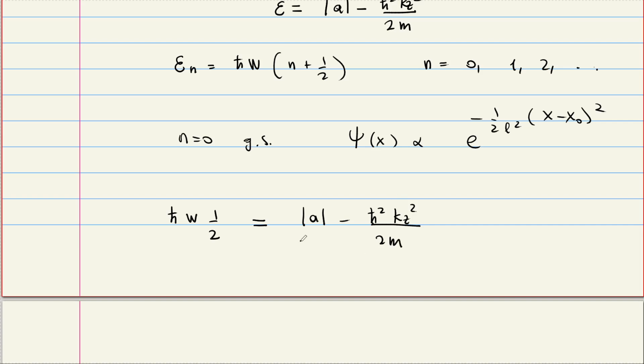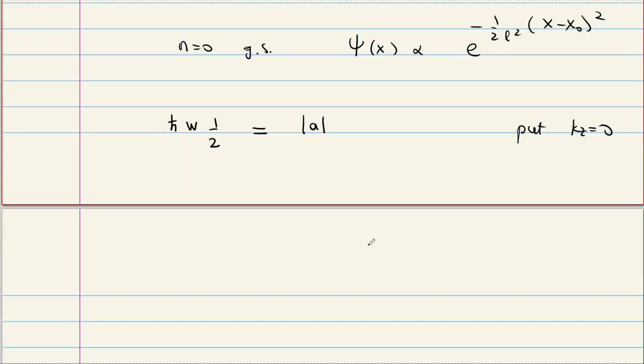This is a positive quantity, so this side should also be positive. To get the minimum energy, let's put kz equal to 0 and get rid of this term.